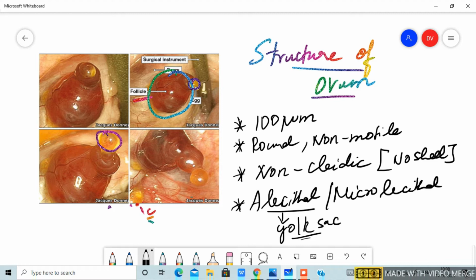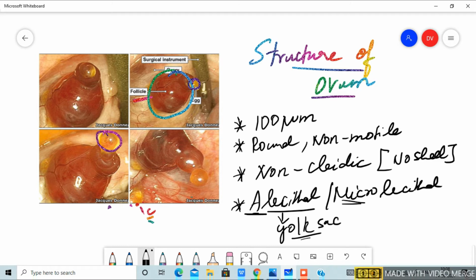But in human beings, alecithal or microlecithal means the yolk is present in a primitive state, in very minute quantity. You can either call it alecithal, absent, or since a very minute quantity is present, microlecithal. You can use both of these words, they will give you marks. The yolk is there, but very less in amount, and it's not giving any nutrients.